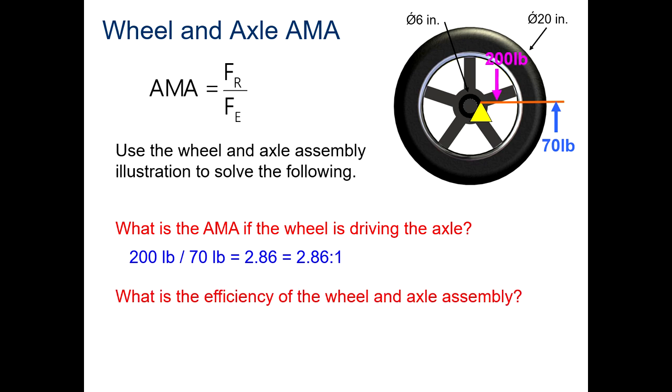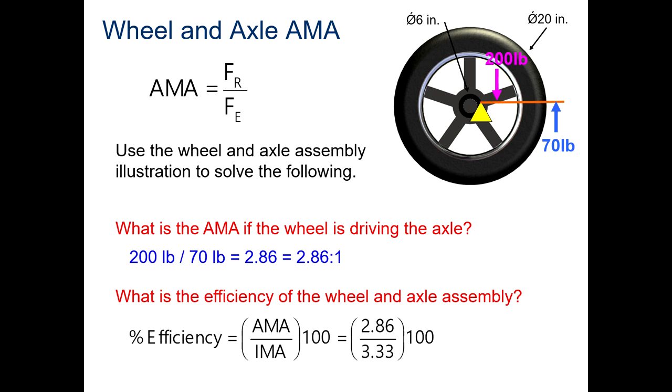And then the efficiency is going to be our actual mechanical advantage divided by the ideal mechanical advantage times 100. So that's going to be 2.86 divided by the 3.33 that we came up with earlier, times 100, which comes out to 85.9%.